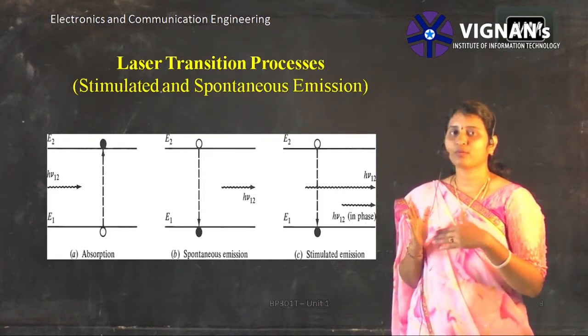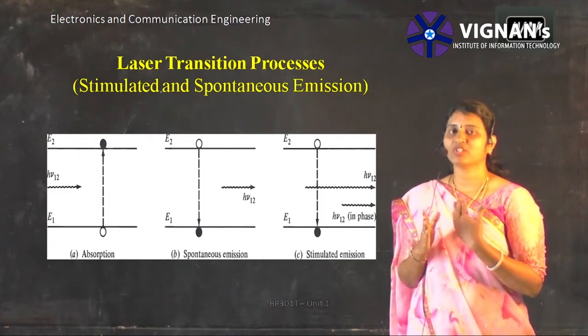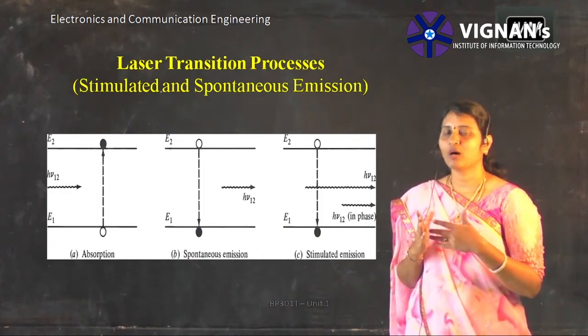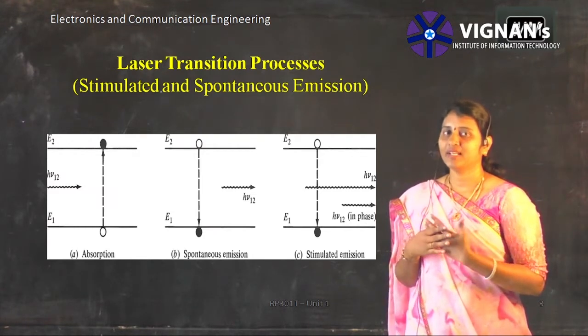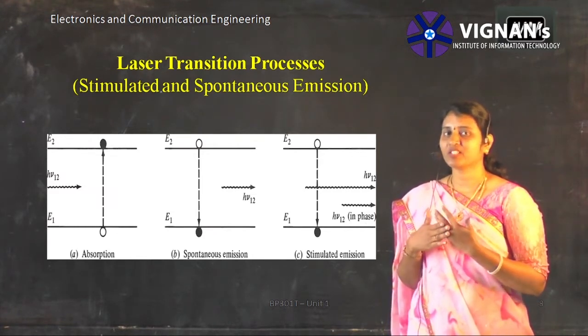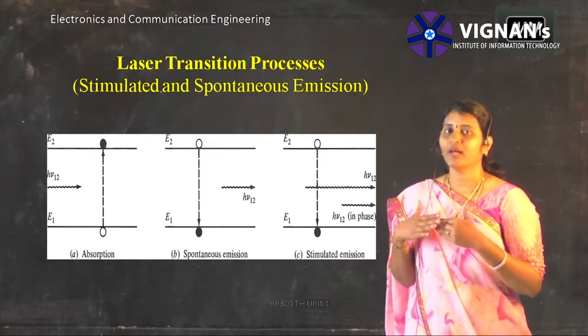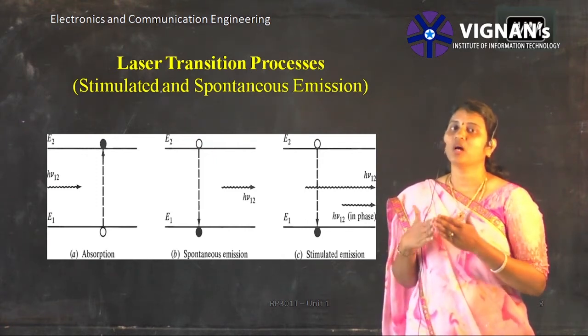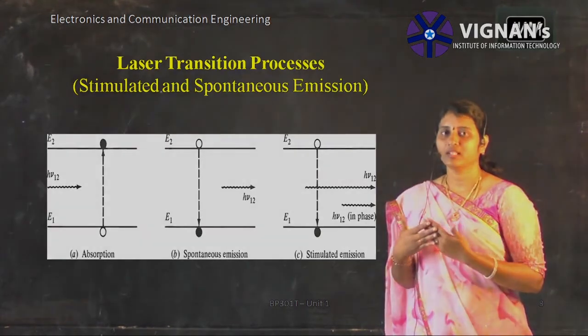When this process continues and increases, the amplification of light happens. This is how light amplification is done. Moreover, in lasers, the amplification process can be made more coherent and more confined to the output region. How it is done, we will see in the next slides.